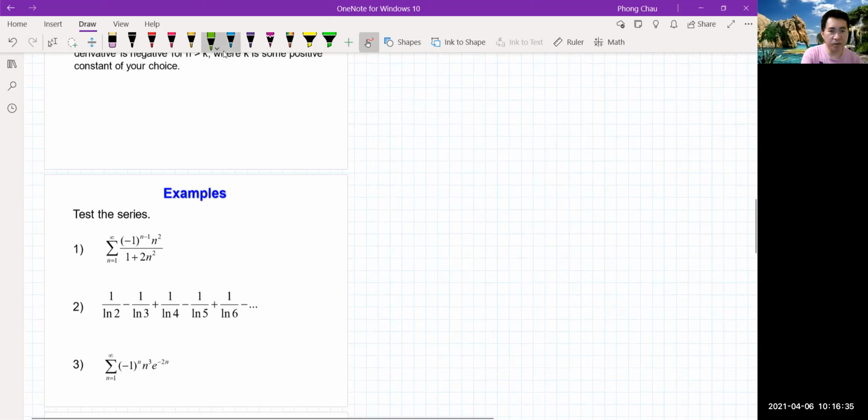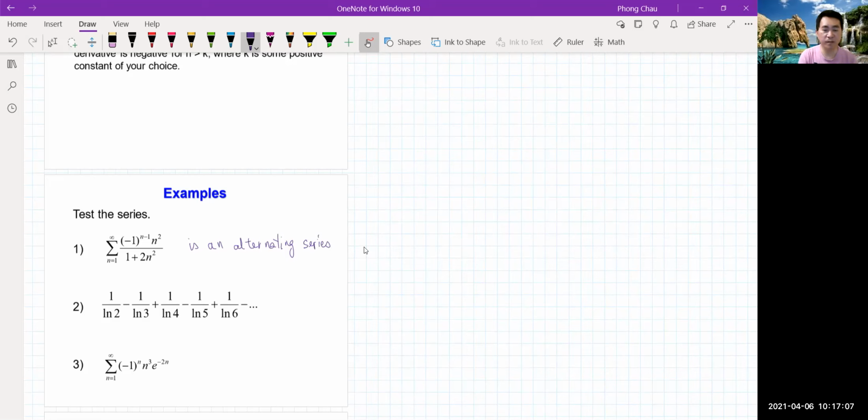So again, as always, you're going to identify whether this series is an alternating series first. Well, it is, because it has this factor (-1)^(n-1) there. So I know that this is an alternating series.